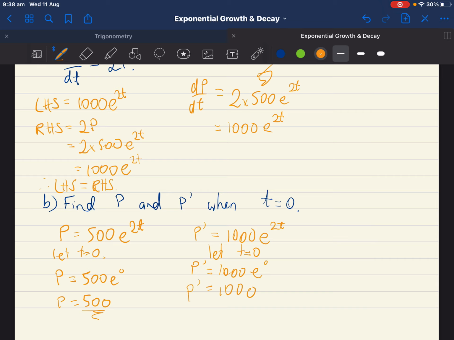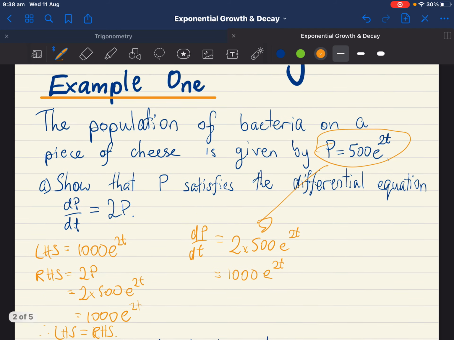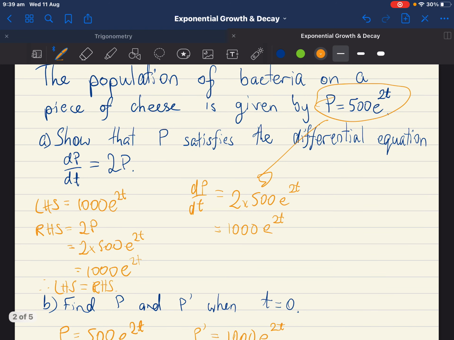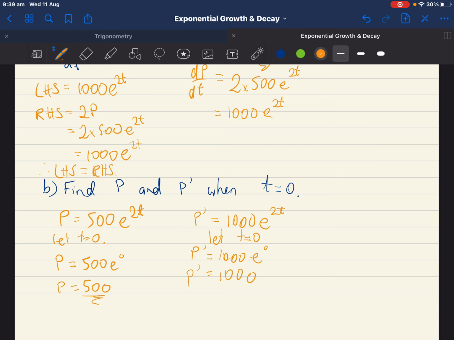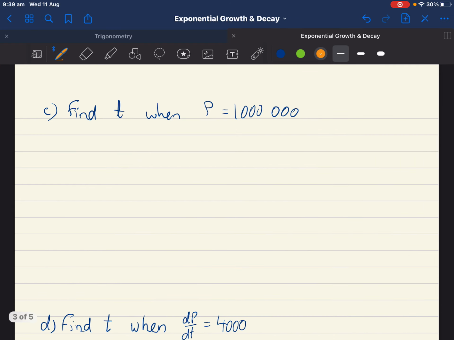We started with 500 bacteria, but it was increasing at a rate of 1000. We don't even know what the units are for time. It could be days, hours, minutes, weeks, whatever. I'm going to just assume for this question that it's days. So it's increasing at 1000 per day, at least initially.